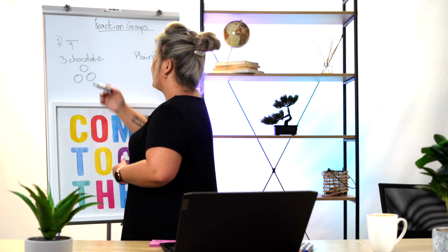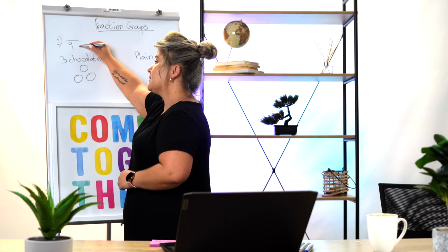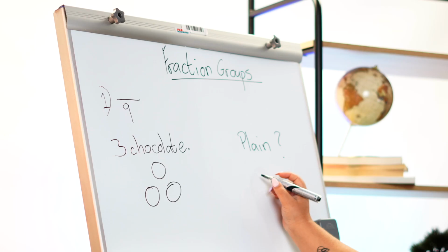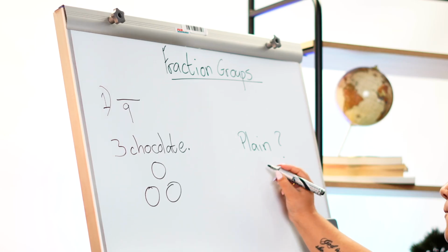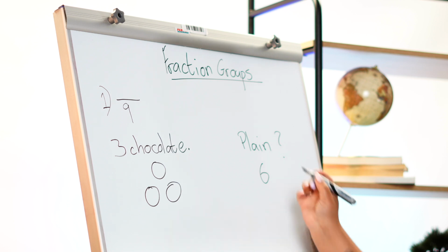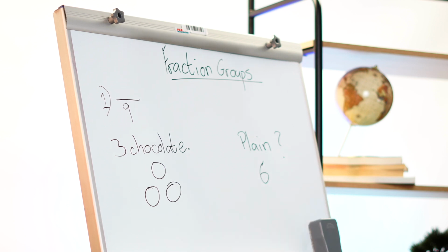If we take our total amount of croissants and subtract the 3 chocolate ones from that, what would our answer be? Well done. That would give us 6 plain croissants. So that means that at the end of the day, once John came back from the bakery, he ended up buying 3 chocolate croissants and 6 plain ones.